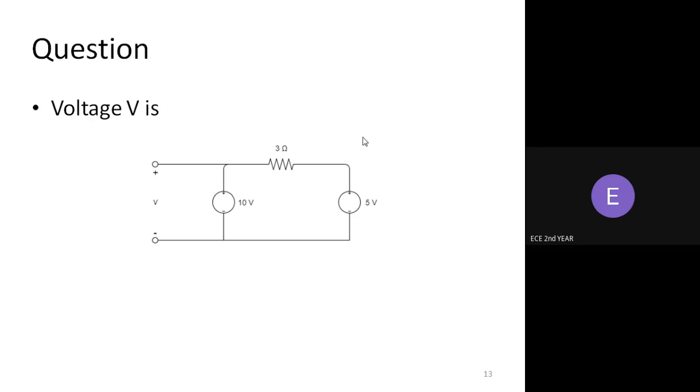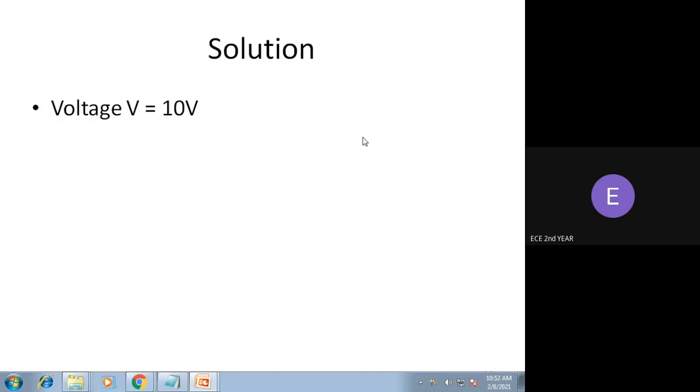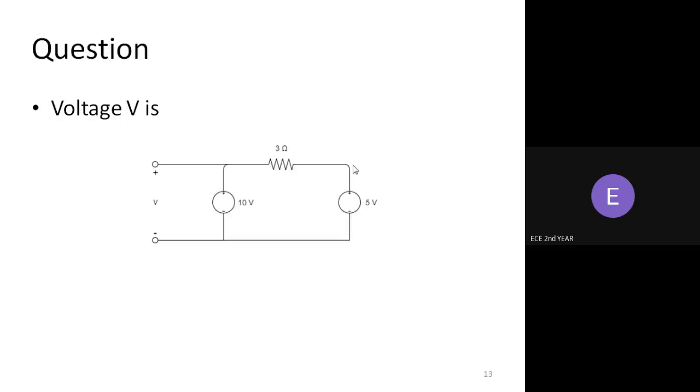We need to calculate the voltage across V, and the solution is the voltage across the 10 volt source, because this 5 volt will disappear here.